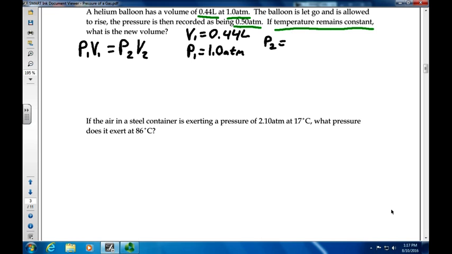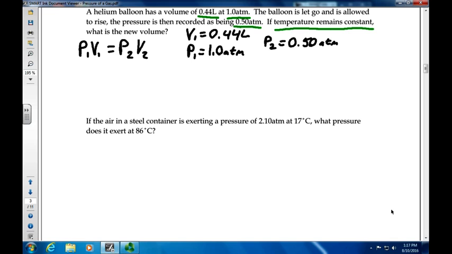P2 is equal to 0.50 atmospheres. Now you could just as easily put it as P initial times V initial is equal to P final times V final. I've just used 1s and 2s. You can use I's and F's if you want.